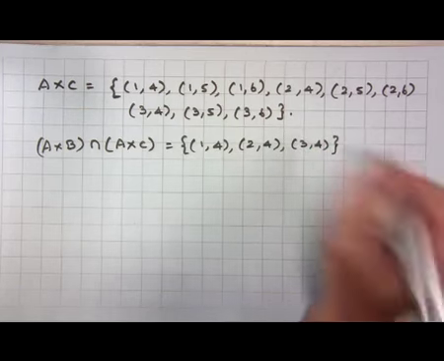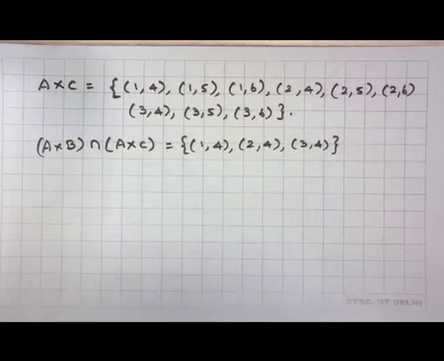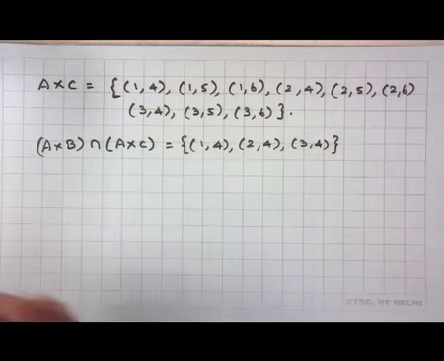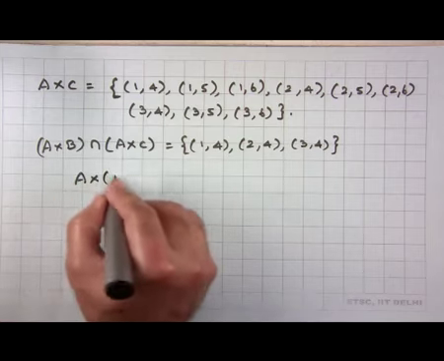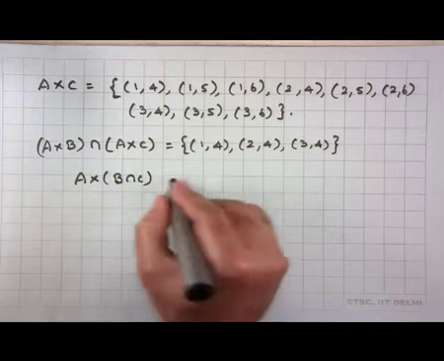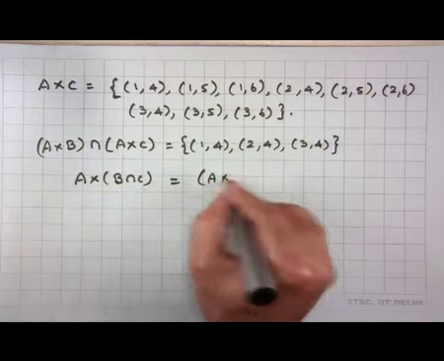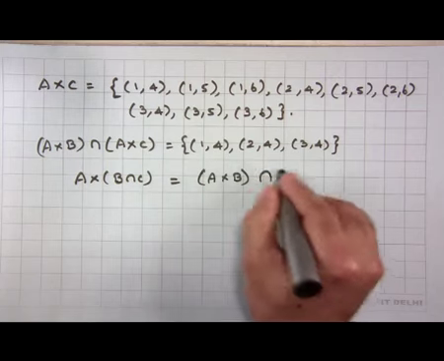These are the elements that are common to both A cross B and A cross C, and in fact these are the only 3 elements. Fine. Now, notice the following fact: A cross (B intersection C) is equal to (A cross B) intersection (A cross C).